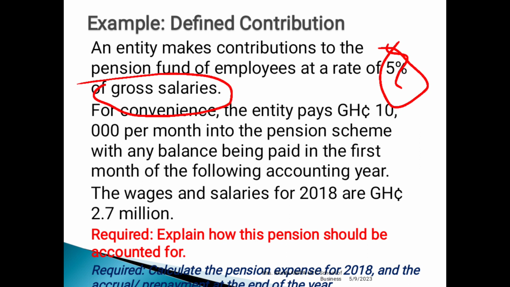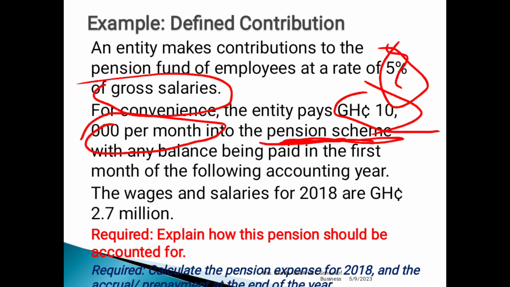For convenience, the entity pays 10,000 per month into the pension scheme. So this is the amount that they pay into the pension. That's the pension contribution, with any balance being paid in the first month of the following accounting year.